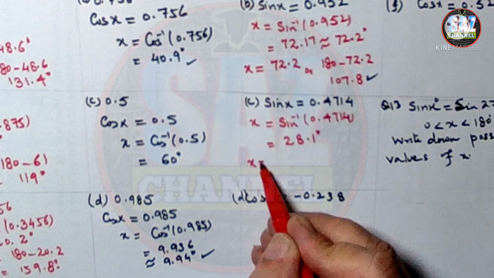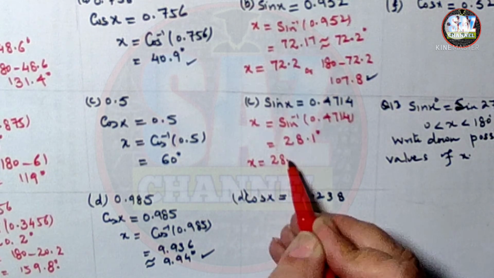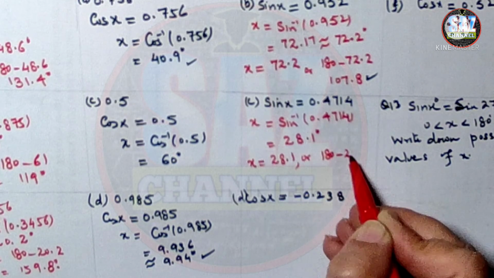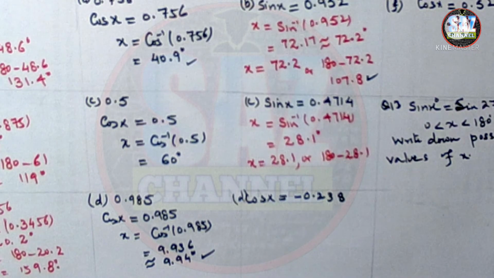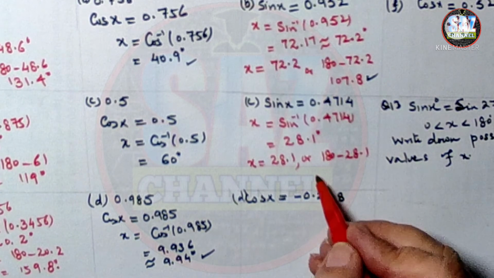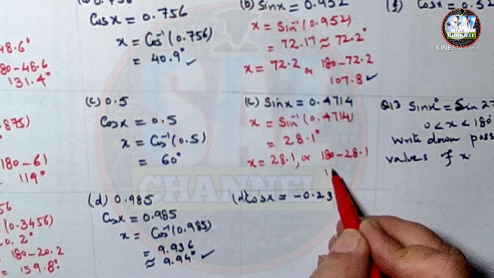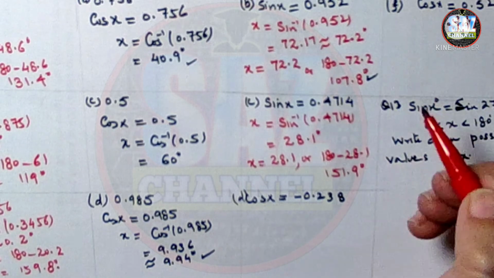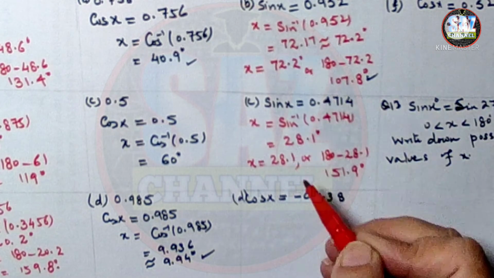So x can take the value either 28.1 or 180 minus 28.1, and this is 151.9 degrees. As these are angles, we have to put the degrees.